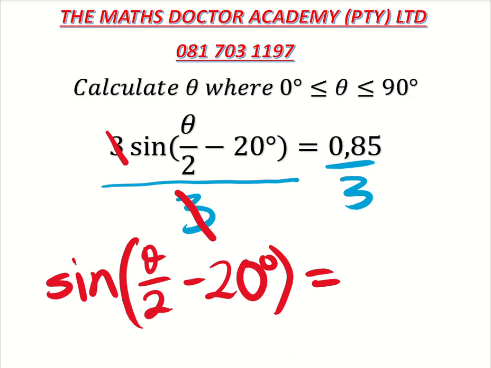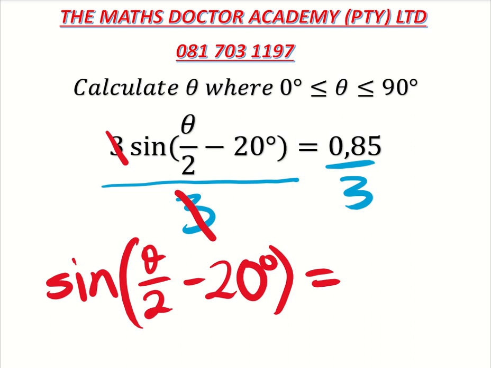Let's just put it on the calculator and see. 0,85 over 3 gives me a very long decimal number. In the form of a fraction, it becomes 17 over 60, right, if it's being converted, but it's a very long decimal number. So let's just leave it exactly as it is, okay?